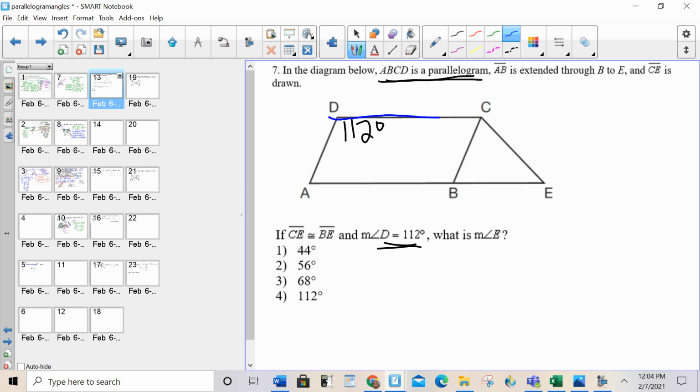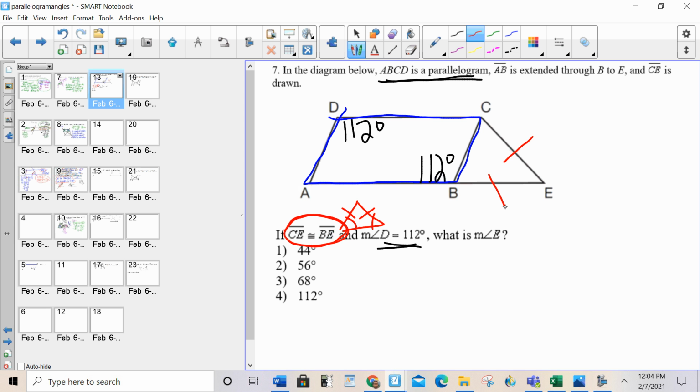Okay, if ABCD is a parallelogram, opposite angles are congruent, so that angle is 112. CE is congruent to BE. Now this goes back again. We talked about it a few minutes ago. We did it a lot a few months ago. When you see that two sides are congruent, mark the sides, mark the angles opposite them.